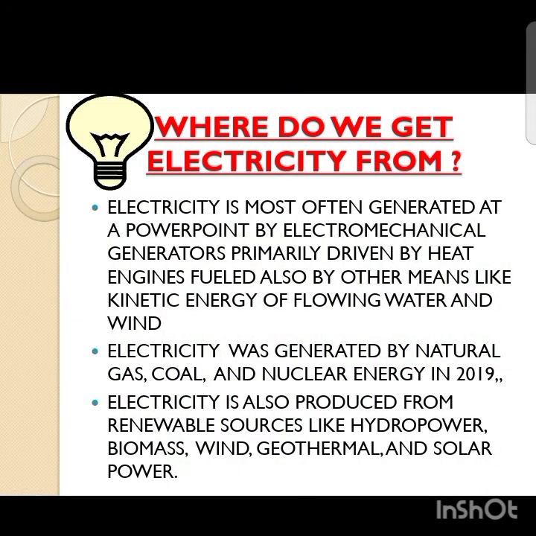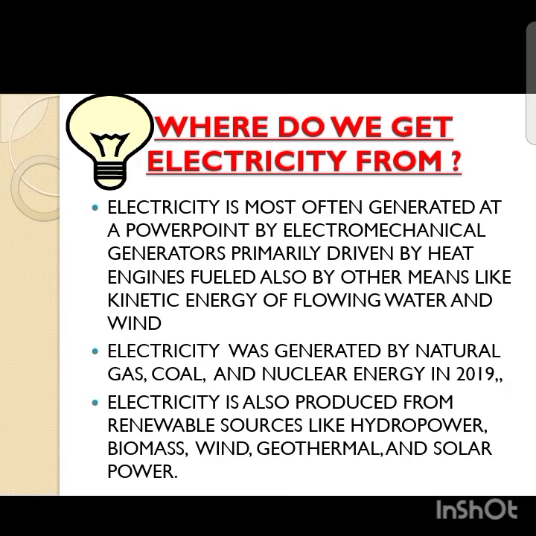Where do we get electricity from? Electricity is most often generated at a power plant by electromechanical generators, primarily driven by heat engines fueled by other means like the kinetic energy of flowing water and the wind. Electricity was generated by natural gas, coal, and nuclear energy in 2019.